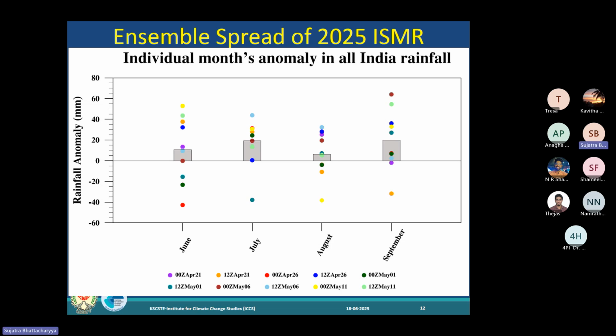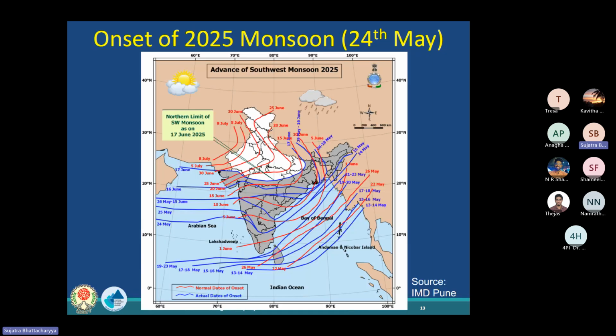Okay, then next let us come to the onset of monsoon. This picture I took from the IMD website yesterday. What we all might have seen is that the monsoon had an early onset, and we had severe rainfall at the end of May in Kerala.